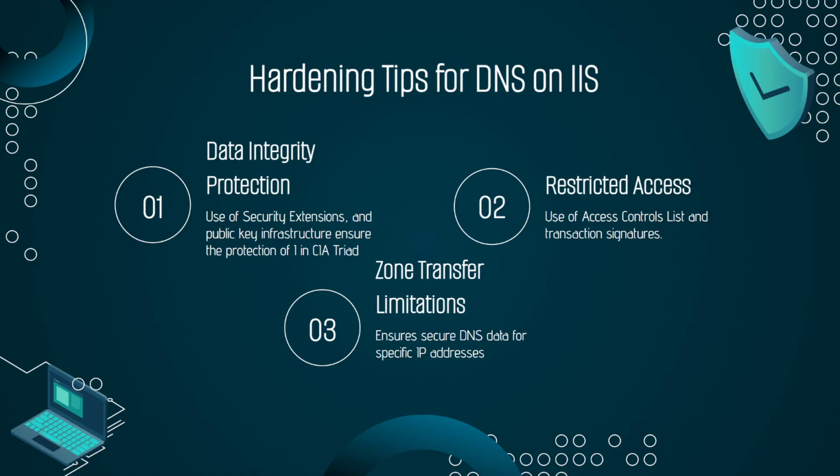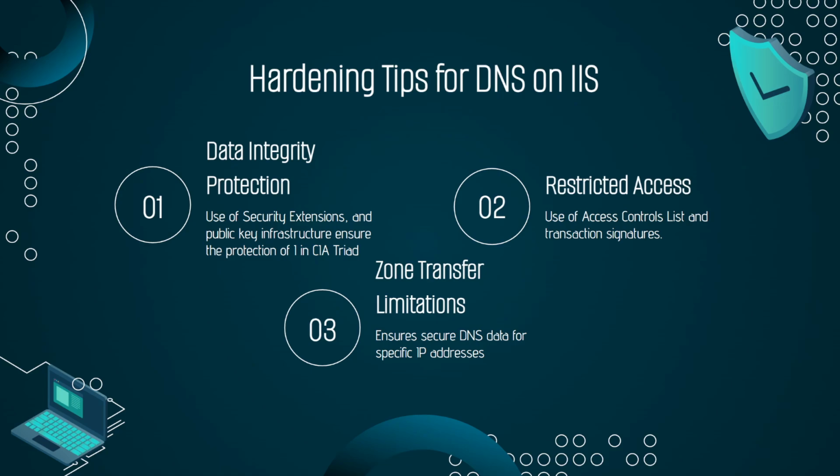Also, restricting access to the DNS server is another key security feature. This could be accomplished using access control lists, or ACLs, or transaction signatures, or TSIGs. These mechanisms prevent unauthorized modifications to DNS records.